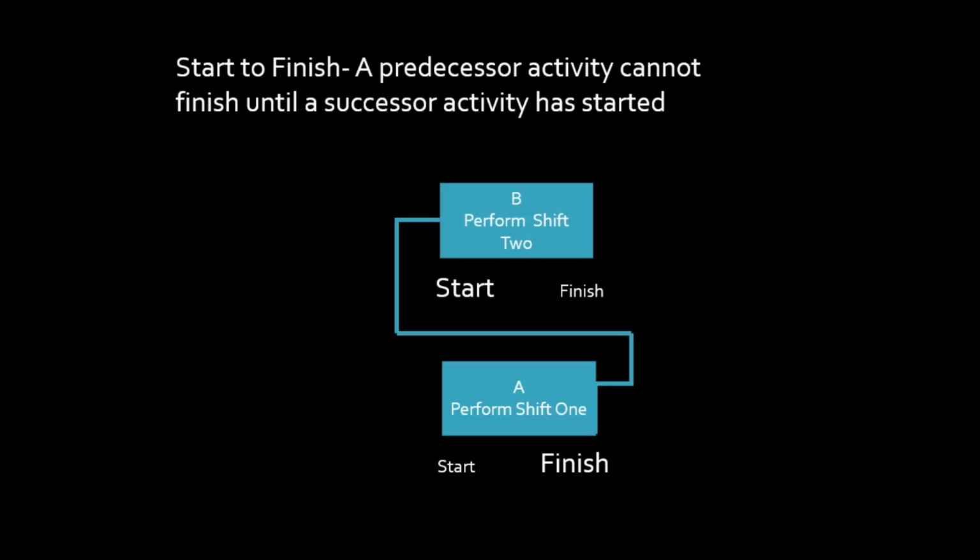I haven't seen this too many times in my 40-year career, but it is out there. It's SF, meaning that the predecessor activity cannot finish until the successor activity is started.